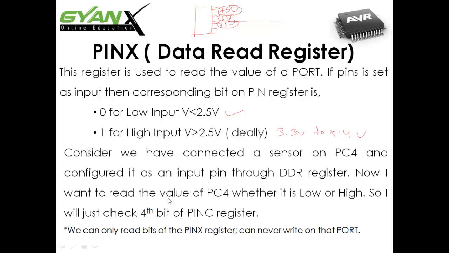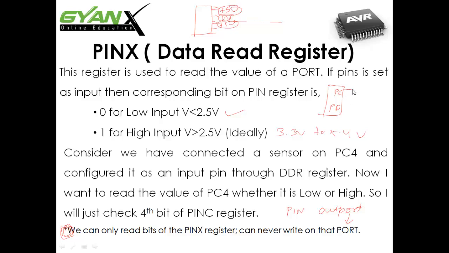So I just check the fourth bit of the PINC register. If I check the fourth bit of the PINC register, it automatically tells whether it is high or low. One note for you: we can only read bits of the PINx register, we can never write to it. Whenever you are reading any pin, you cannot use the same pin as an output through the port.